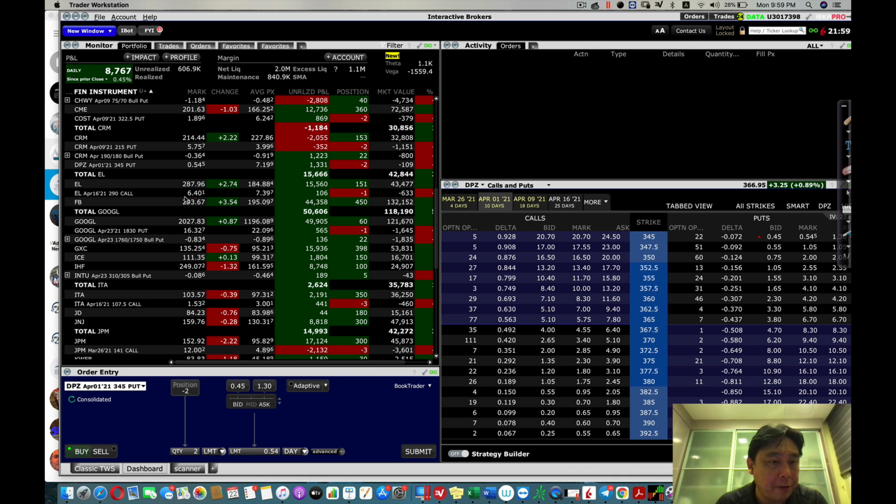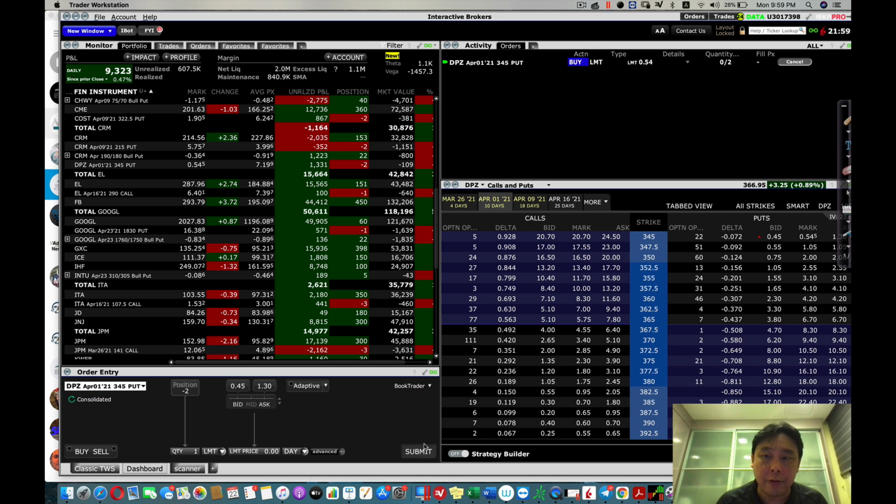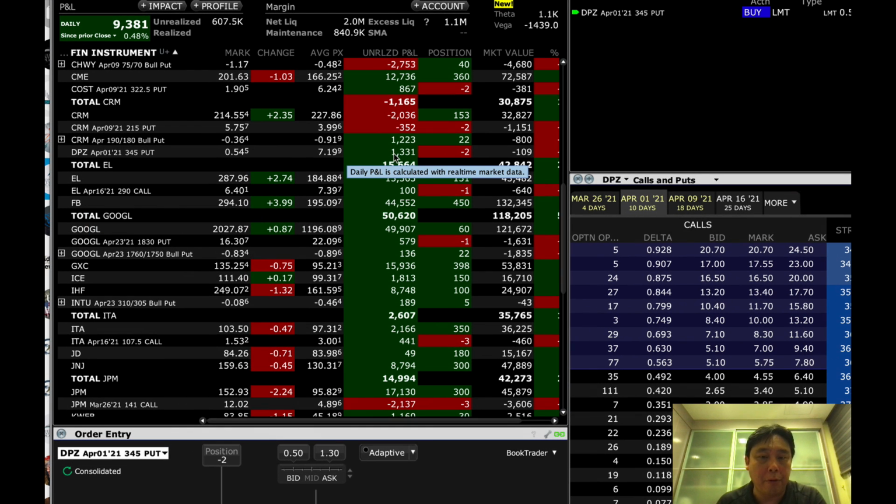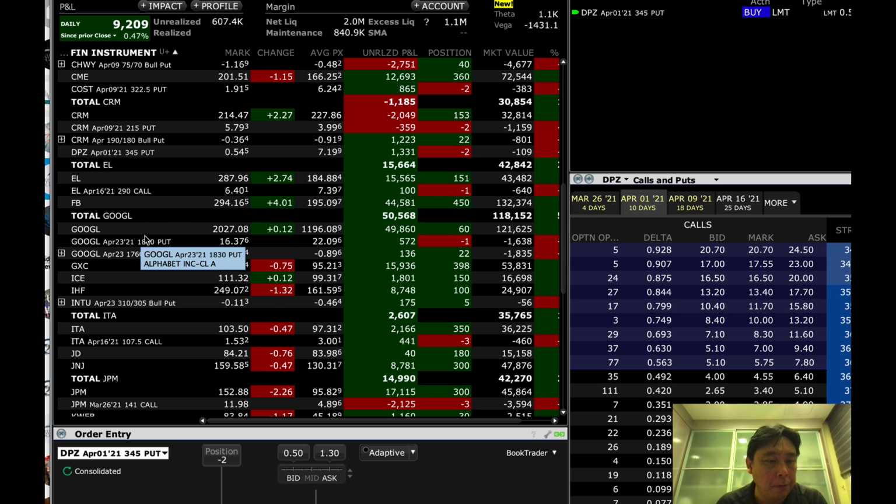If I don't fill it at 54 cents, then screw the market, wait for it to fill so I can get my 1,003 and run. Okay, 54 cents. There we go. Submit my trade. Okay, there it is. So let's see if it fills. If it fills, then I would realize another 1,003 in profit today.